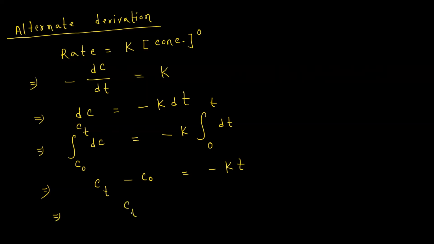So we can write Ct is equal to C naught minus Kt. Now we will rearrange the expression: Ct is equal to minus Kt plus C naught.